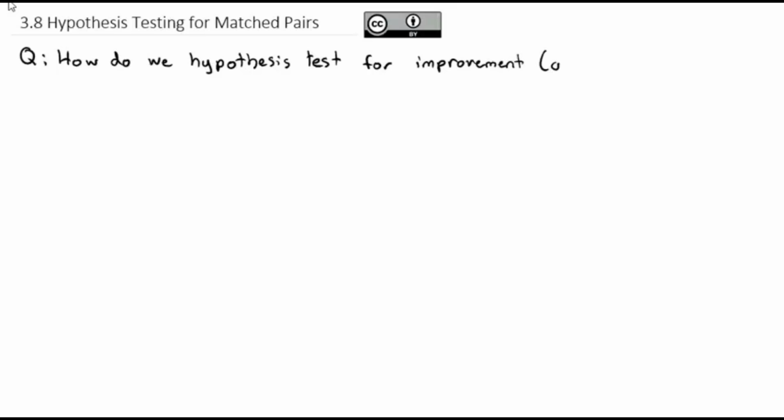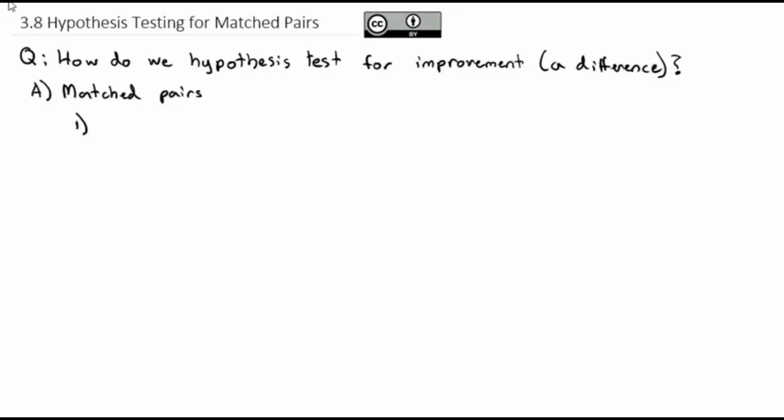Or maybe it'd be better to say a difference. Has there been any change? And this is that idea of matched pairs. All the data comes in pairs, and the pairs are matched together. Usually we have that before or after score.